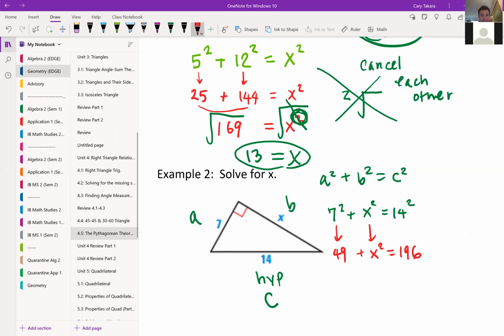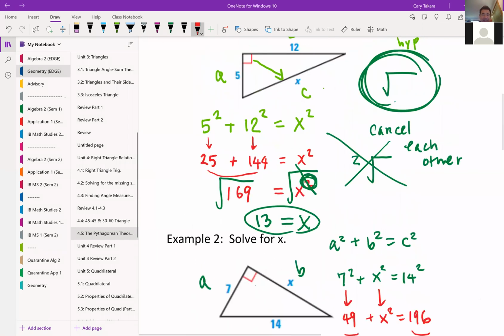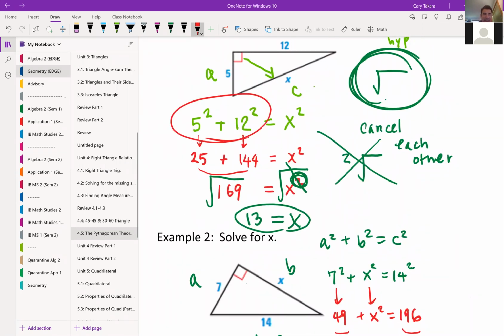Now this time you have 49 and 196. They are separated by the equal sign. One is on the left side, one is on the right side. Last time we had the numbers all on one side, so we could just add them together, right?